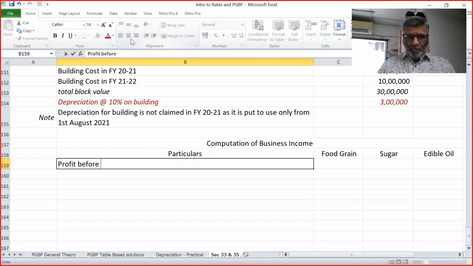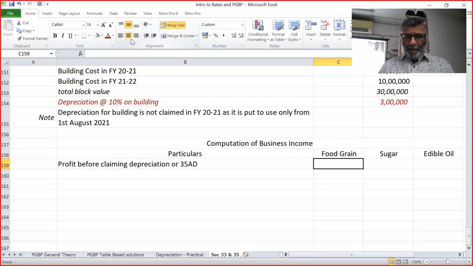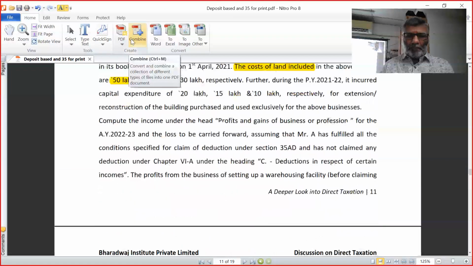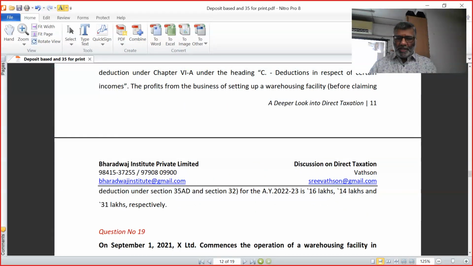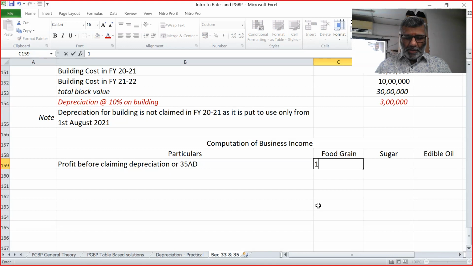Profit before claiming depreciation or 35AD: 16 lakhs, 14 lakhs, 31 lakhs.